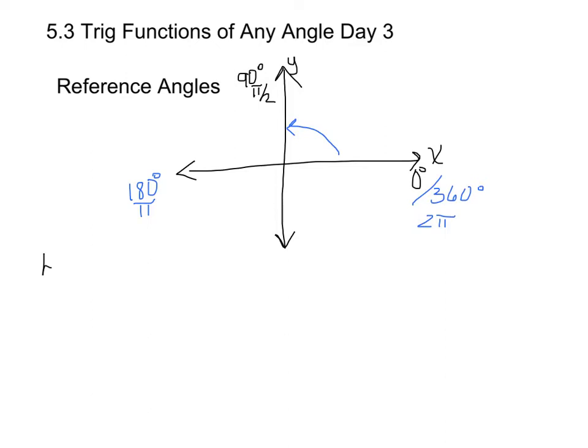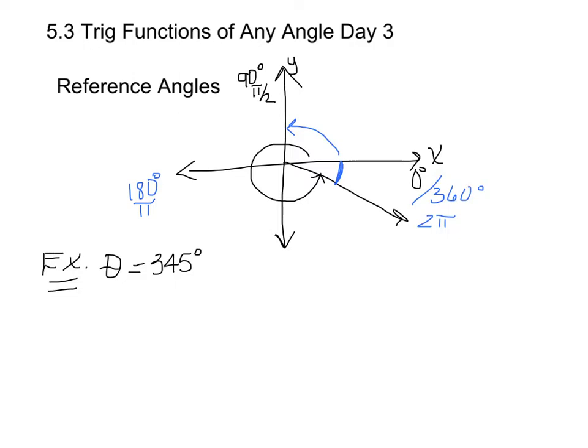So for example, let's say theta was 345 degrees. Now we know that 345 degrees is not an acute angle. If you think about 345 degrees, that will land in quadrant 4. So to find the reference angle, we basically need this angle right here that is formed with the terminal side and the x-axis.